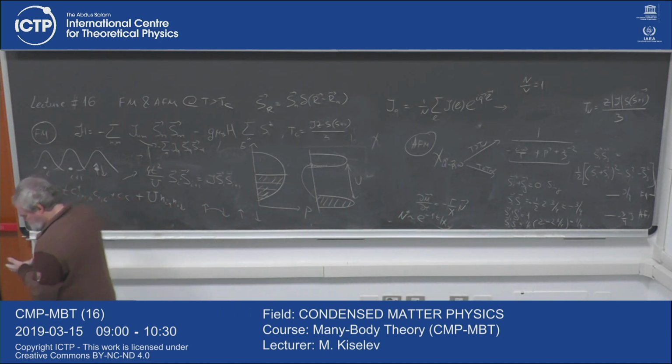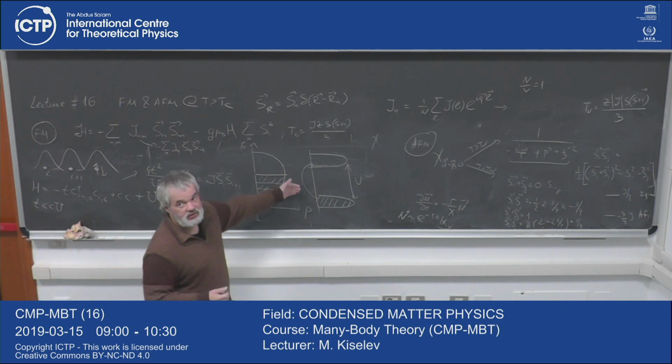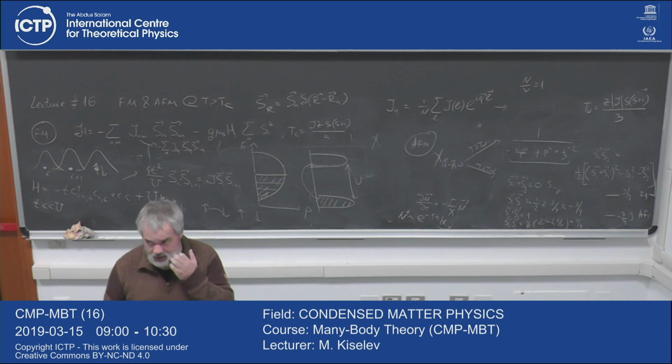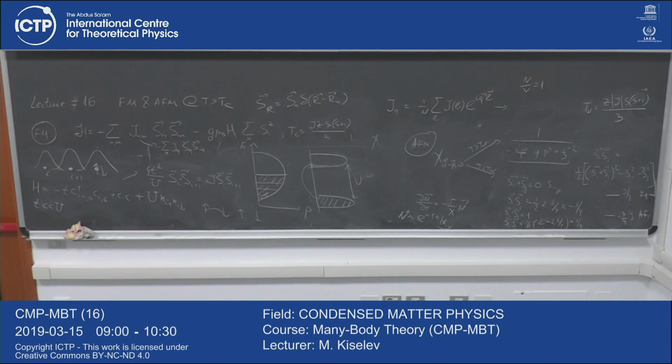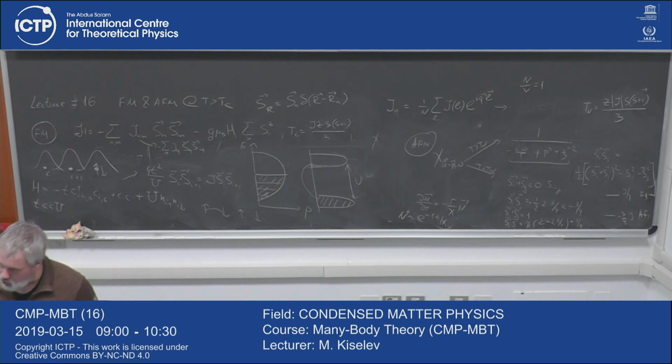So what we see from the strong Coulomb interaction in the Hubbard model is that the ground state of the half-filled system is an insulator, and at the same time it is an antiferromagnetic insulator. So the antiferromagnetic state originates from strong Coulomb interaction.